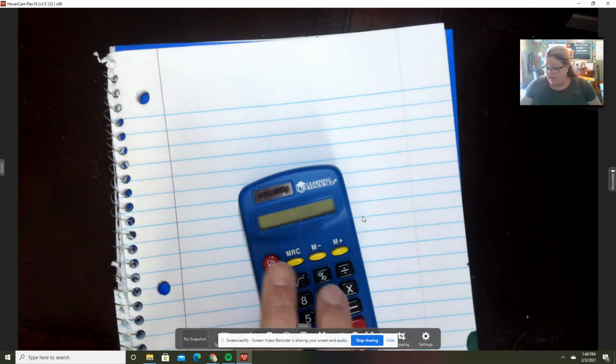I just reminded myself I needed a calculator. This is another exciting part, that you get to use a calculator, like legit get to use a calculator.